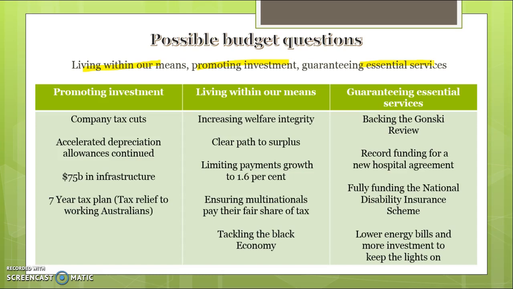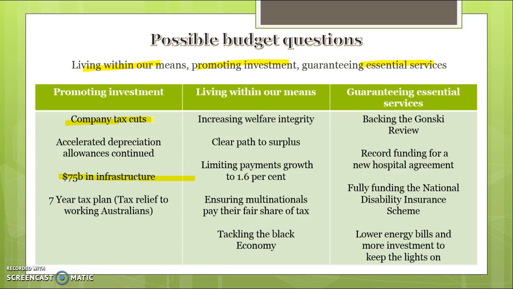So in terms of the promoting investment element, you've got to focus on policies that are designed to achieve that. There are 4 key things we've done. There's all the infrastructure spending as a form of investment, the lower company tax rates, and they have been passed for all businesses earning less than $50 million per year. The tax rate is down to 27.5%. The accelerated depreciation allowances encourage investment in new assets.